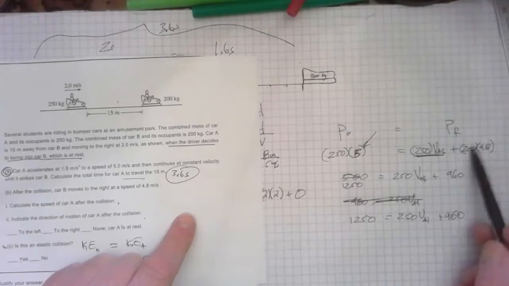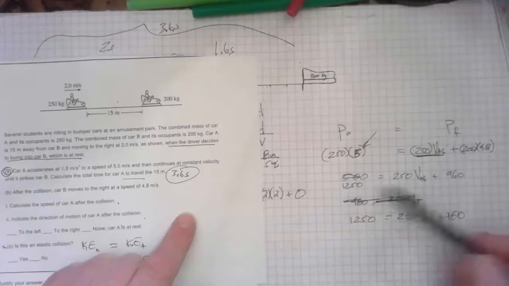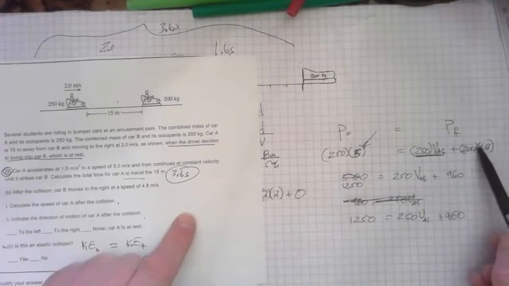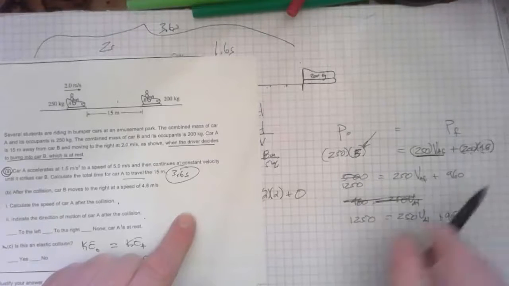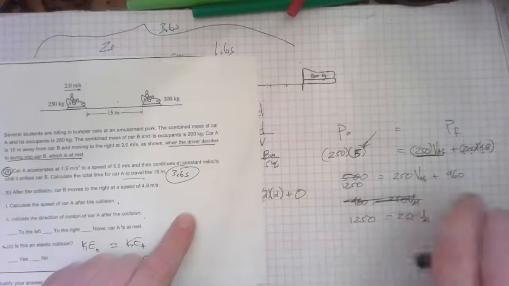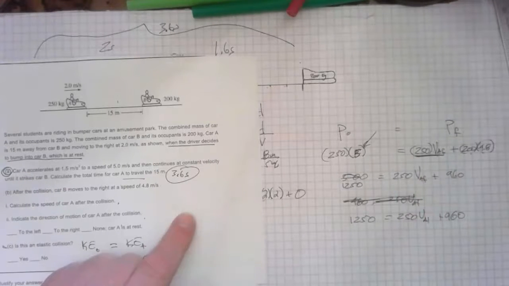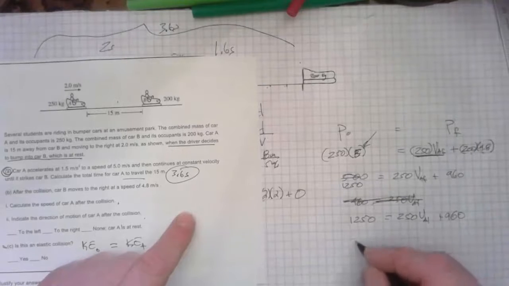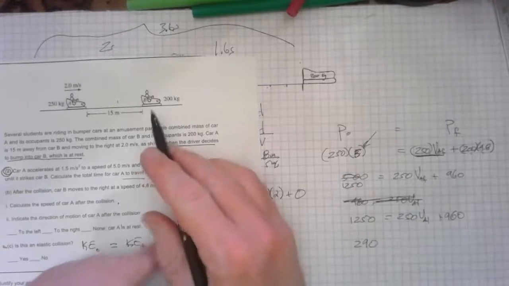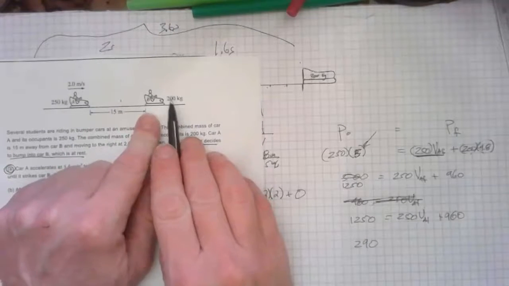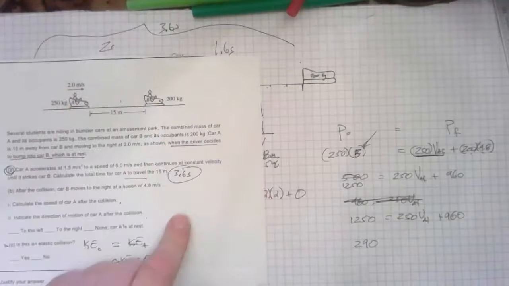What caught my eye when I said the other one was going backwards is the momentum of this one, with less mass and less velocity. He doesn't have as much momentum going to the right as the other guy did. So why would the other guy go negative? That's going to reduce. It's not going to work. So now if I go 1250 minus 960, I get a positive value, 290. Bouncing back would only make sense if this car was much more massive than this one.